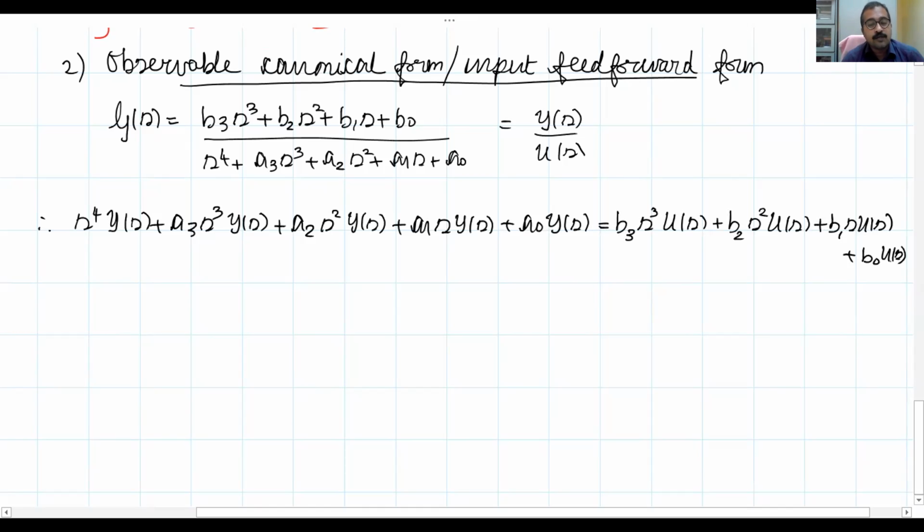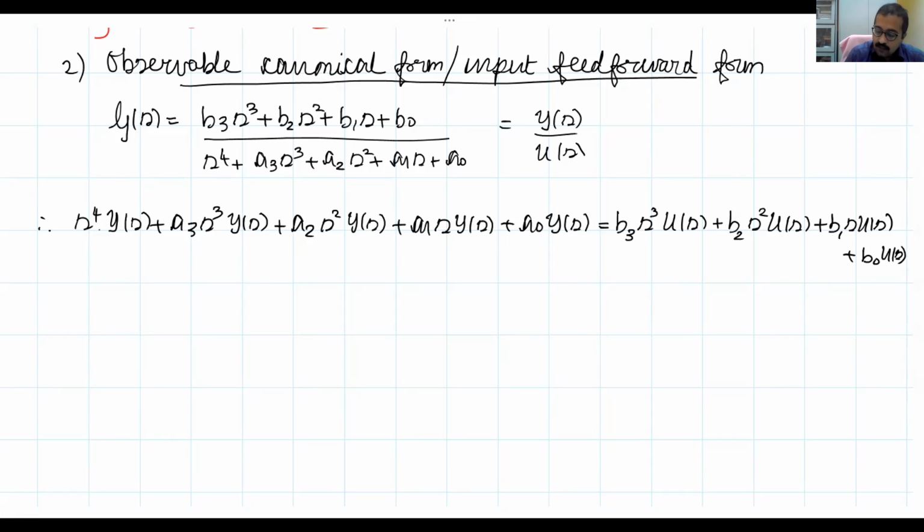Okay. Now I will retain s raised to 4 y of s, that's the highest order derivative term, on the left hand side and take all the remaining terms to the right side.